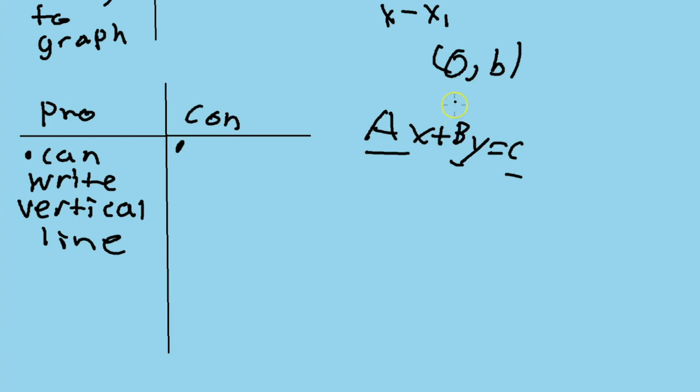So we don't immediately get a point like in slope-intercept, and we don't immediately get the slope. So in this case, it is much more difficult to graph than slope-intercept.